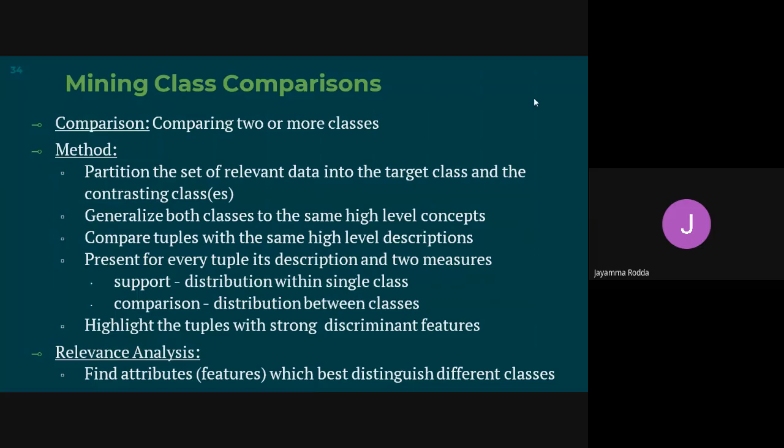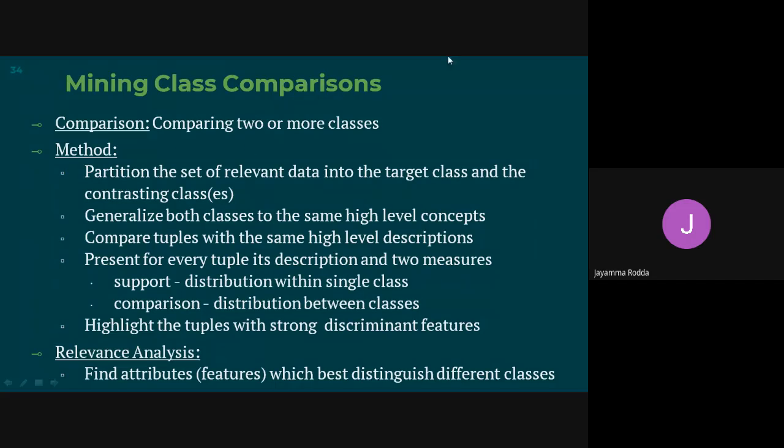Here comparison means comparing two or more classes. The method that we are going to follow is to partition the set of relevant data into target class and contrasting classes, which we have done already. We divide the classes based on the model that we want to achieve, based on our requirement.